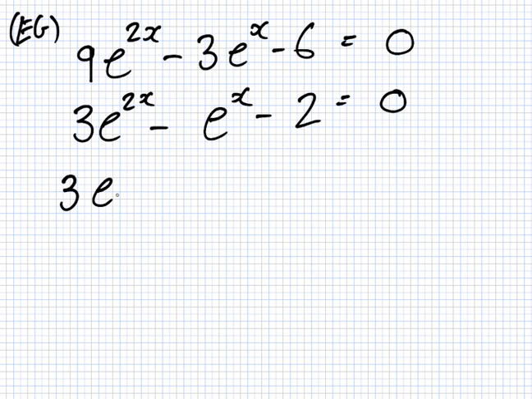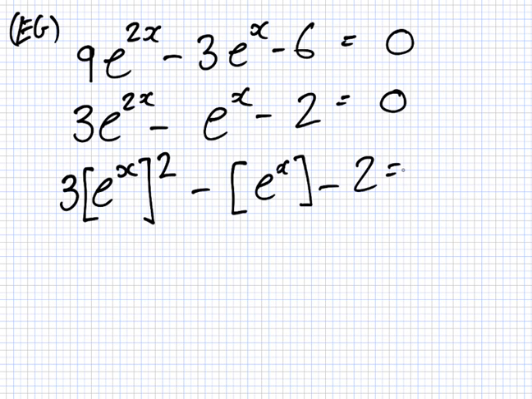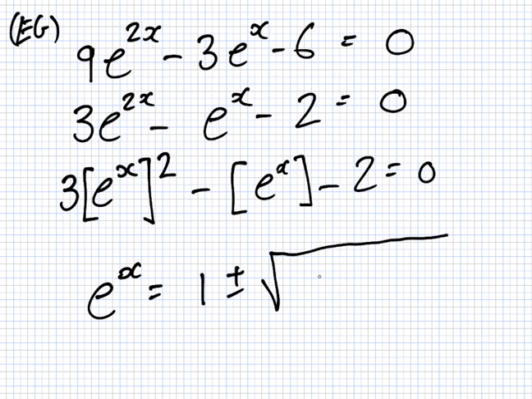And then when you look at this, you realize it's a quadratic. 3(e^x) squared minus e^x minus 2 equals 0. So I could try to factorize it, but I can just use the formula. e^x equals minus b plus or minus the square root of b squared minus 4ac all over 2a.